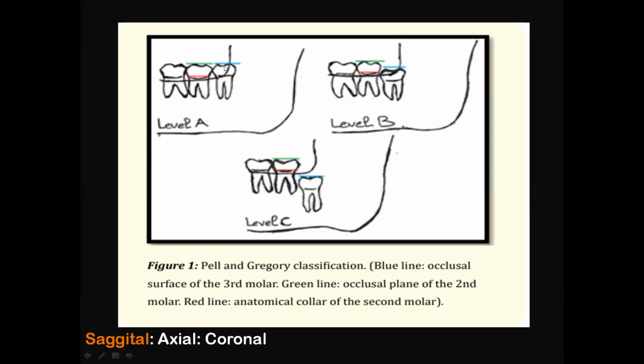When it is at the same level, it is comparatively easier procedure. When it is slightly below it, and when it is completely embedded into the bone, there are different levels. As it goes down, it becomes more difficult.